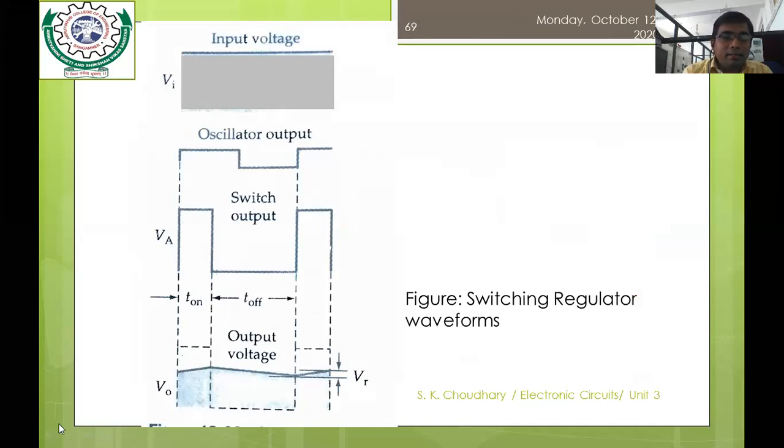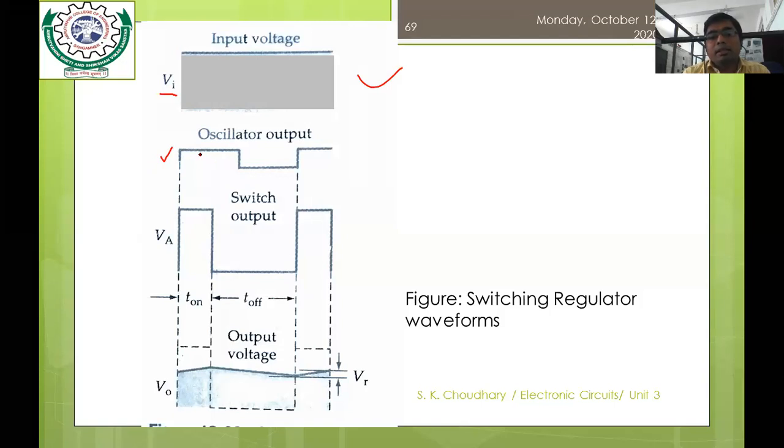So you can see here in the diagram, as I have shown to you, Vi is a constant DC that is given to the collector terminal of the transistor switch. This is the oscillator output or PWM output, you can say. This is a rectangular waveform.